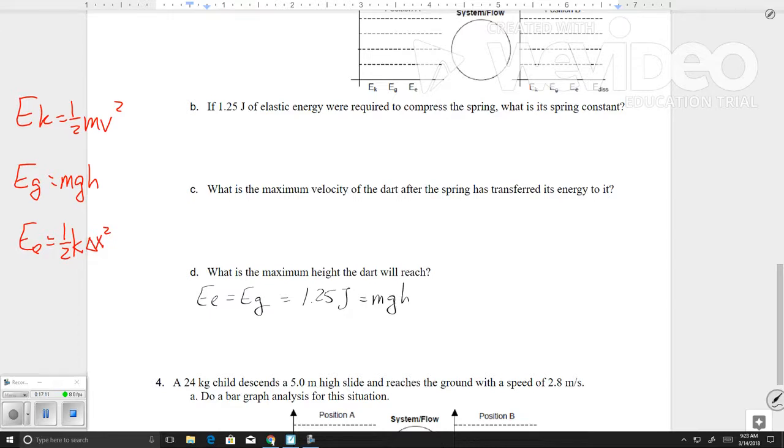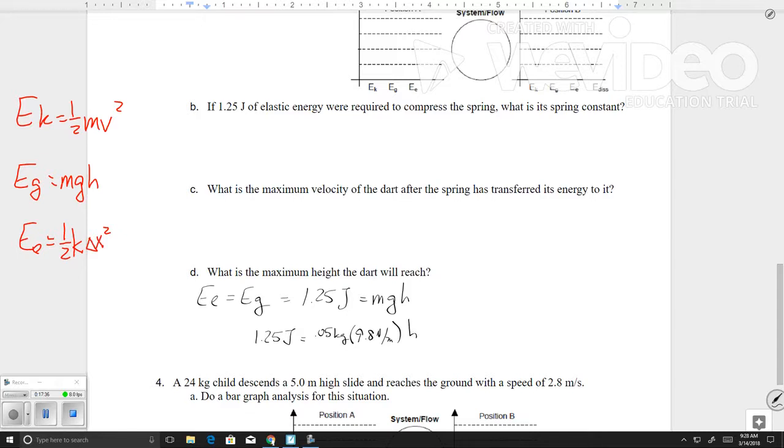I can plug in the numbers I know. 1.25 joules equals mass, which is 0.05 kilograms, times the gravitational constant, 9.8 newtons per kilogram, times height.